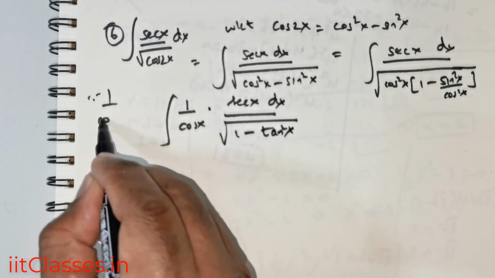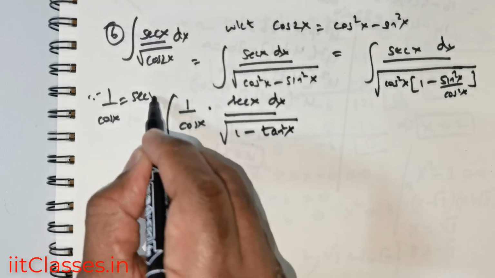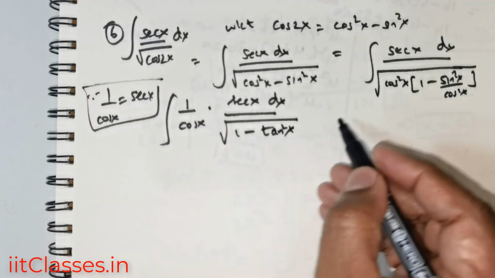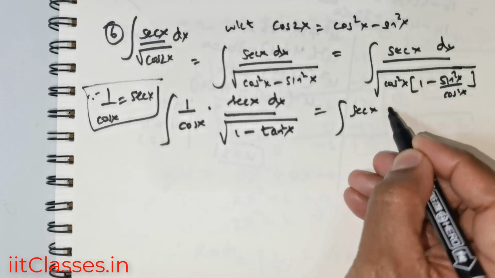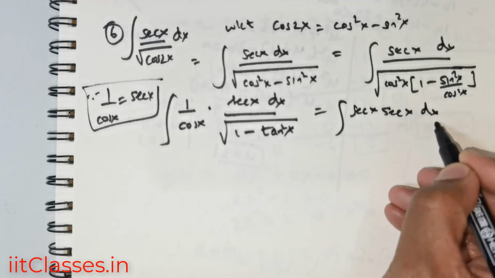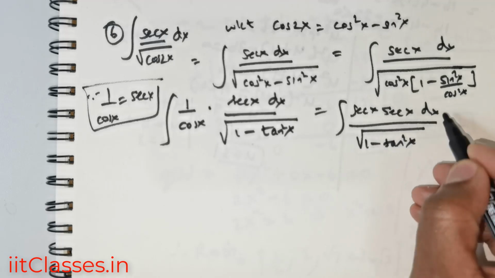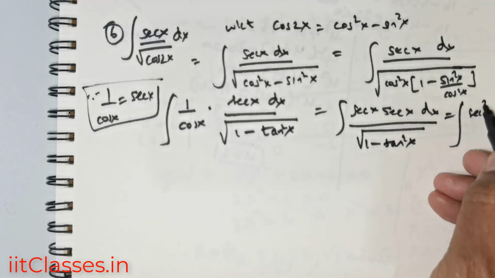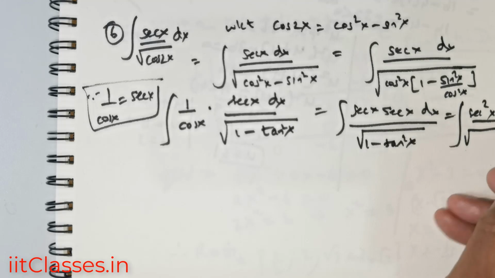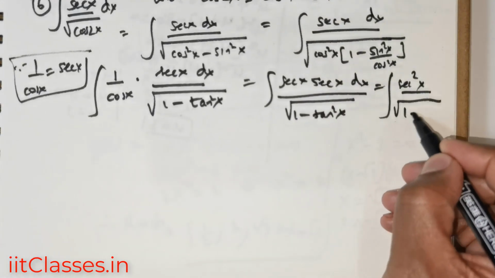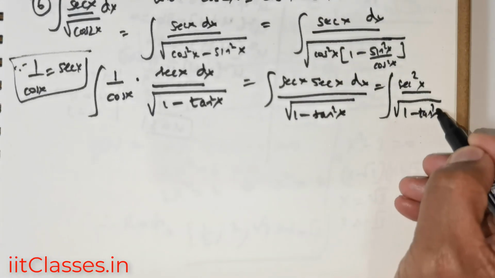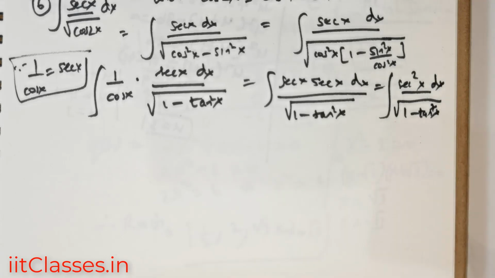Now 1 over cos x is nothing but secant x, so this is going to be secant x times dx divided by root of 1 minus tan squared x. This can be rewritten as secant squared x over root of 1 minus tan squared x times dx.